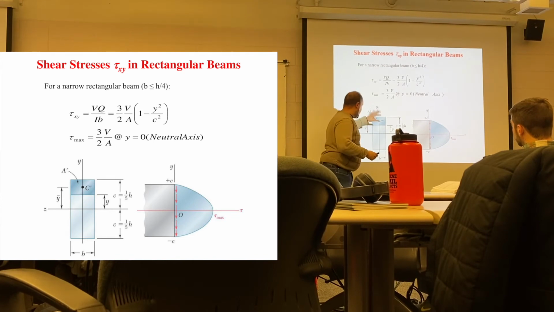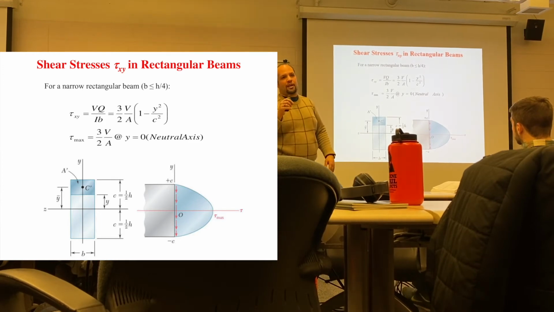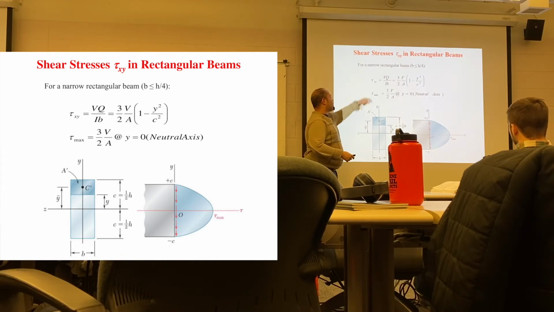You still need to cut, you still need to see what's going to split, but now we also have the width of the part that will get cut. Here you sometimes need to sketch or understand what's going to get cut. If this is a rectangular section, then tau maximum at the neutral axis is 3V over 2A, and it starts with 0 and has a parabolic distribution.